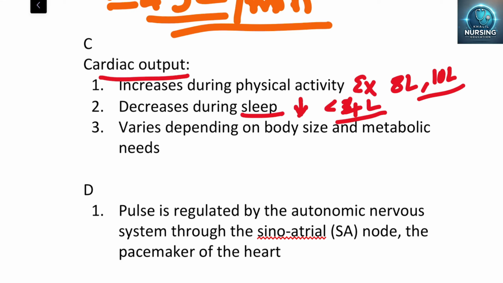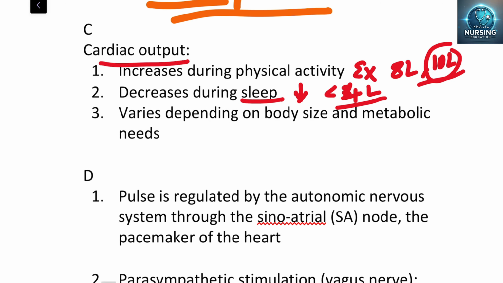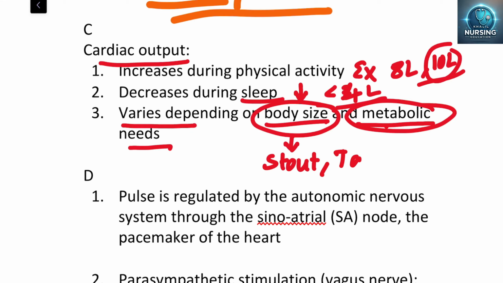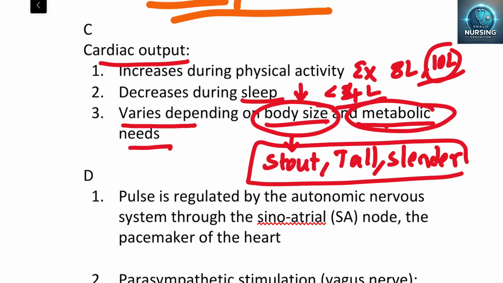Athletes may have more. Next, it varies depending on body size and also metabolic needs. Body needs, like a stout person, or a tall person, or a slender person, may have more pulse rate. Pulse rate is nothing but, you can think of it as, heart rate.